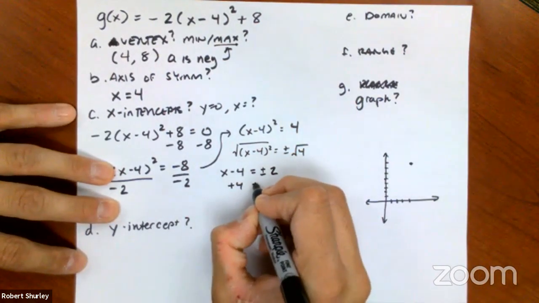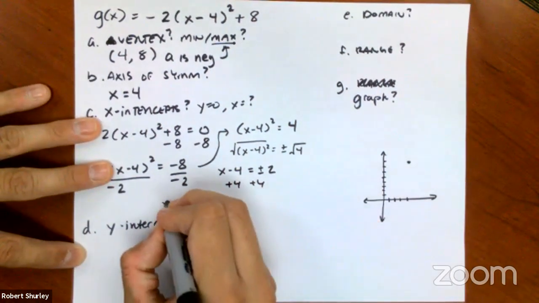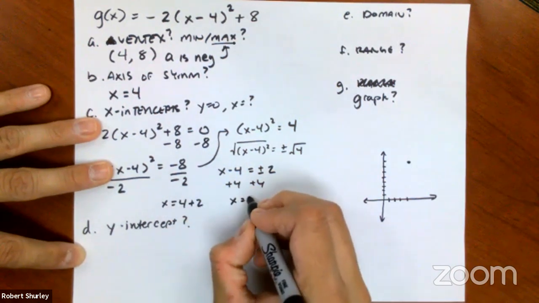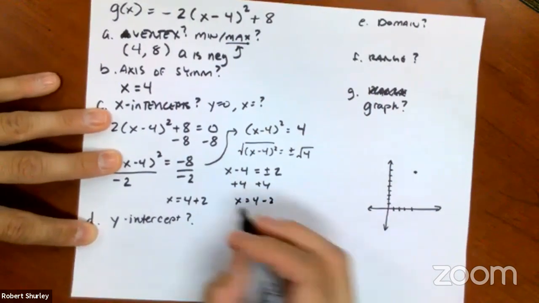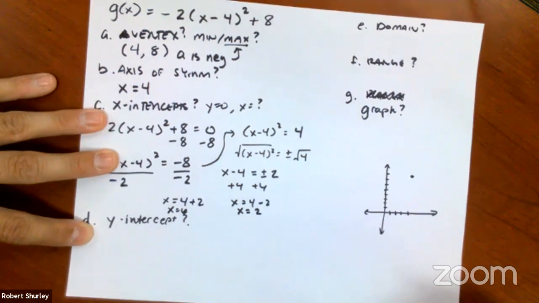Add the 4 over. I have two solutions. I'm running out of room here, but I've got two equations going on: x = 4 + 2 and x = 4 - 2. So you wind up with x = 6 and x = 2.